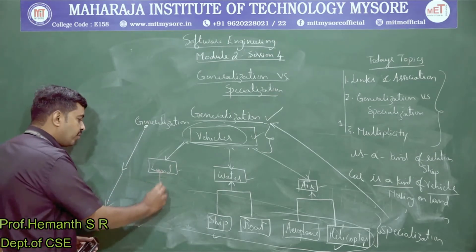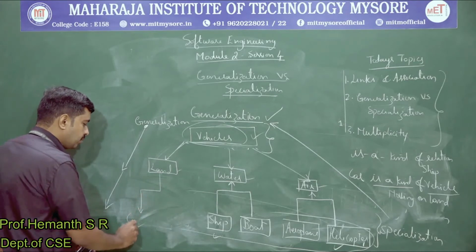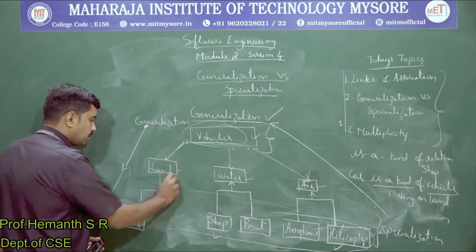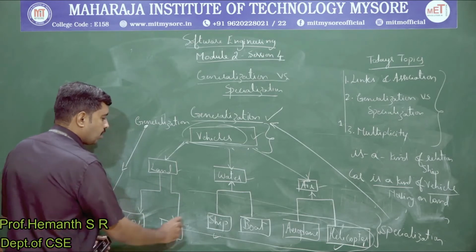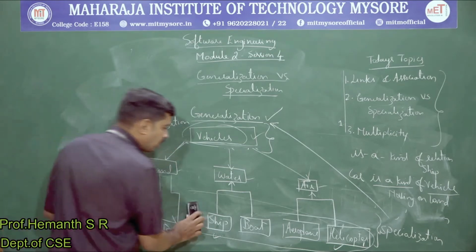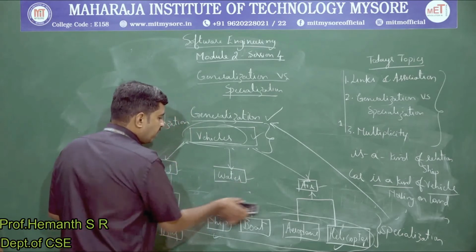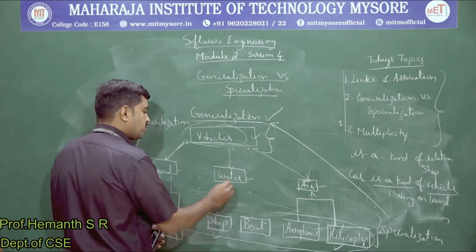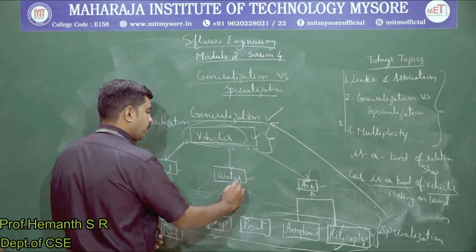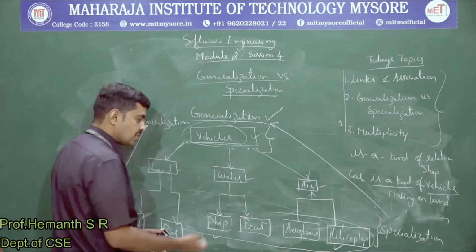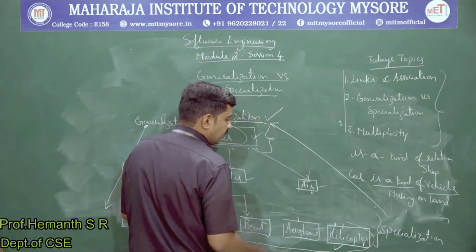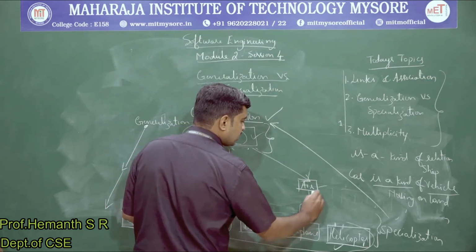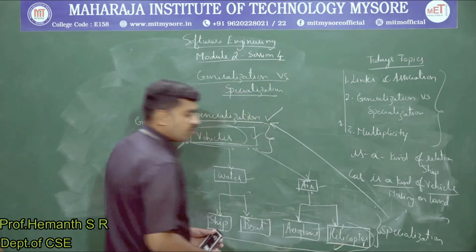On land we can find vehicles like car, bus. In water we can find different types of vehicles like ship, boat. The same is applicable here. In air we can have different types of vehicles like aeroplane and helicopter.